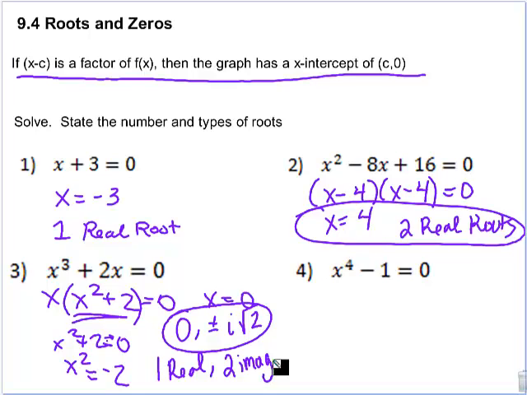All right, number 4, x to the 4th minus 1 is equal to 0. How could we solve this? We could use u substitution, but there's an easier way.